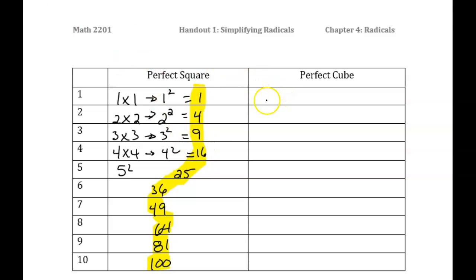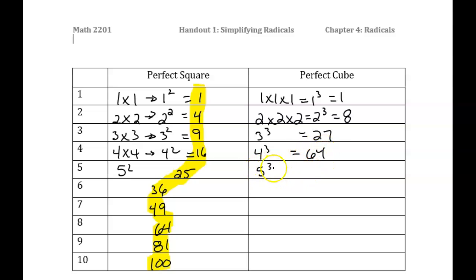And if we were talking about perfect cubes, well, perfect cubes refer to numbers that are multiplied 3 times. So you say 1 times 1 times 1, which will be written as 1 cubed, or 1. 2 times 2 times 2, or 2 cubed, which is 8. 3 cubed, 27. 4 cubed, 64. 5 cubed, 125.